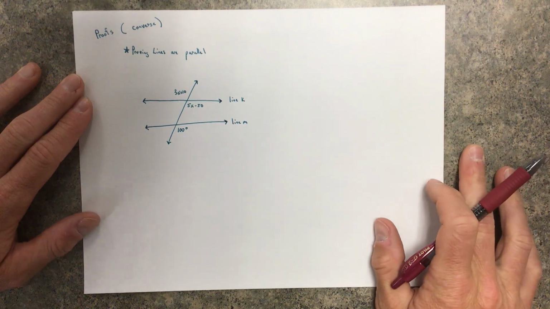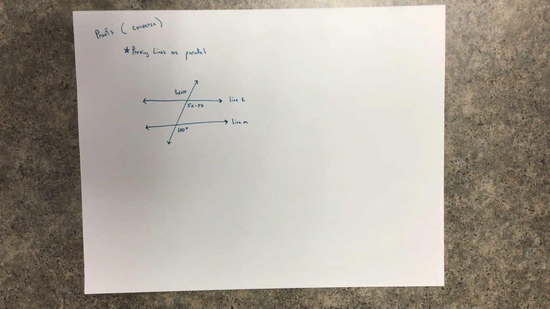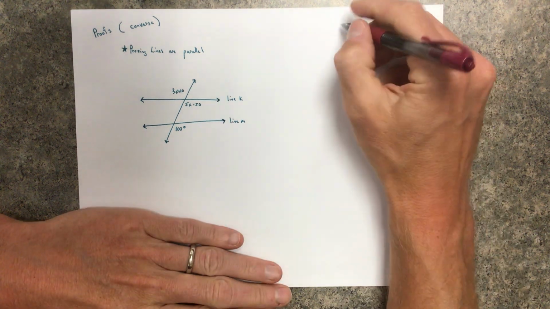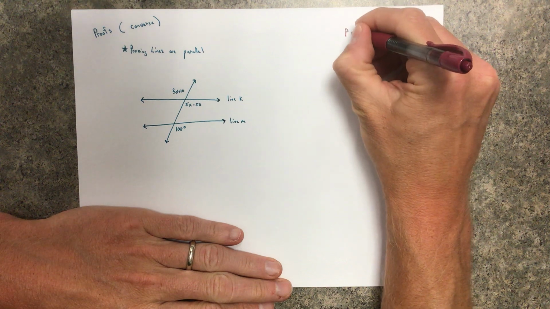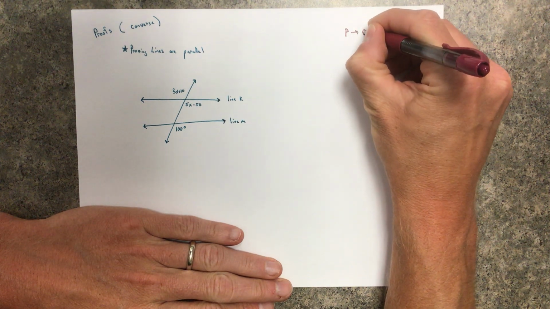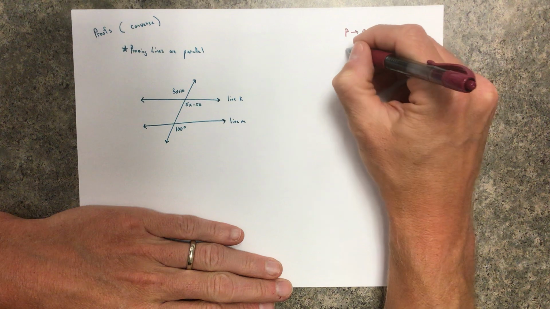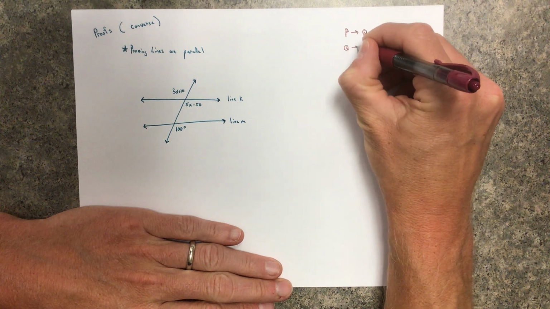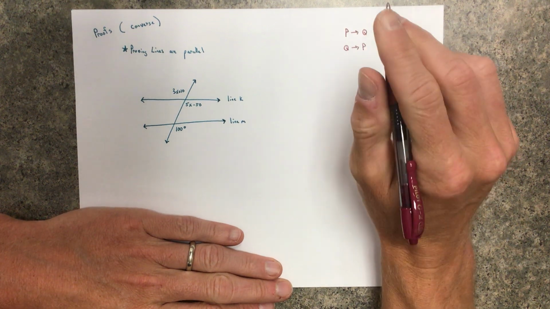All right, now this is another proof video, but this is going to be a proof using the converse of all those things. Remember, we have P implies Q is the original statement, and then Q implies P is the converse.